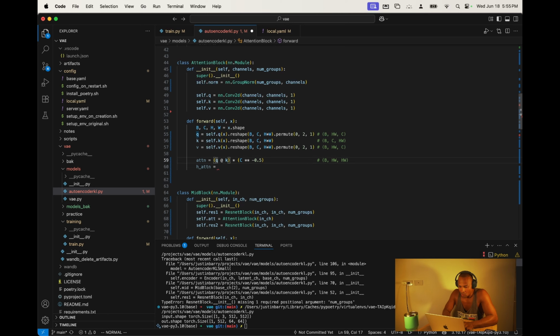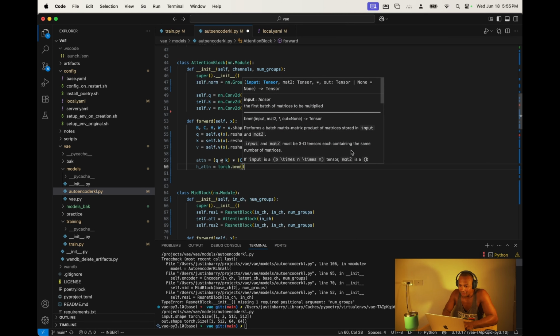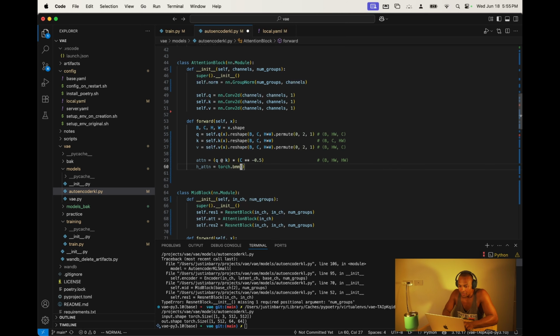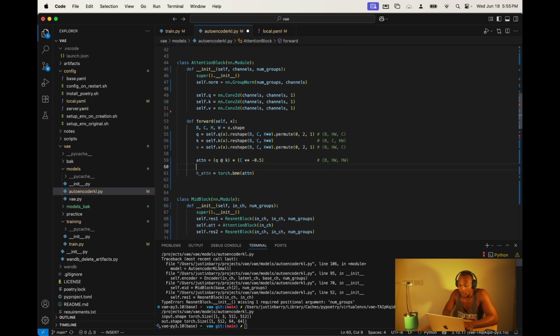And now I'm going to do BMM, which is basically batch matrix multiplication. It's the same as doing Q @ K for attention. Oh, wait, I need to do torch.softmax. Otherwise, it's not attention anymore.